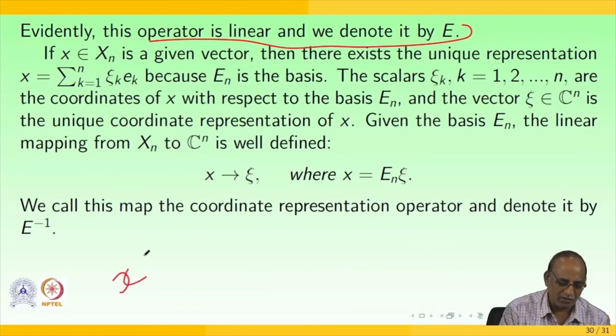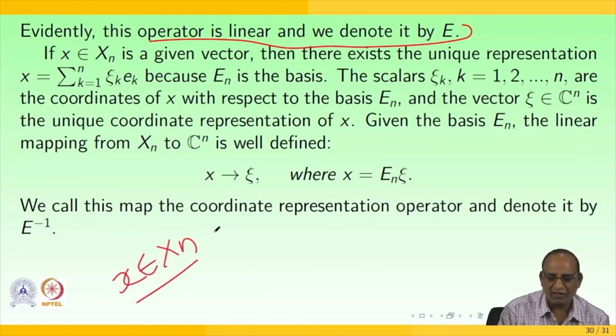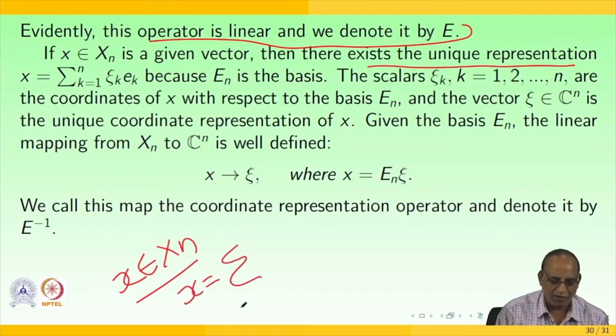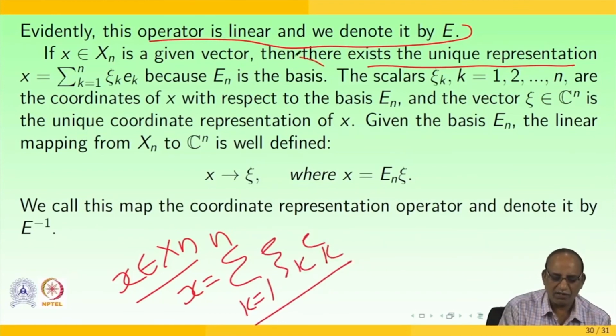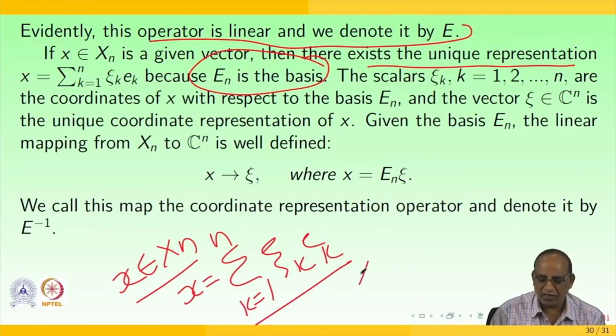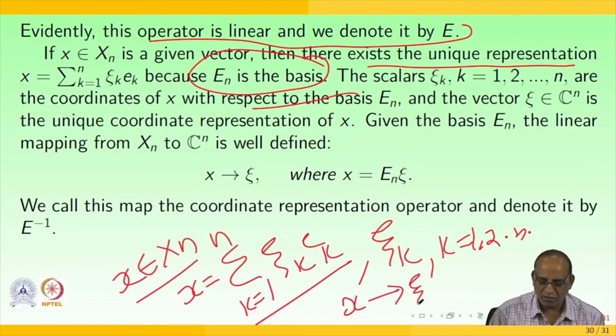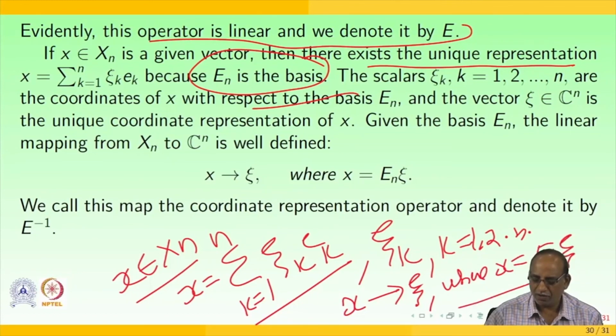So, if x belongs to X of n, then there exists a unique representation, that is x is equal to summation k is equal to 1 to n xi of k E of k, because E of n is the basis. So, the scalars xi of k, k is equal to 1, 2, etc. n, are the coordinates. So, you will have x to xi where x is equal to E n of xi.